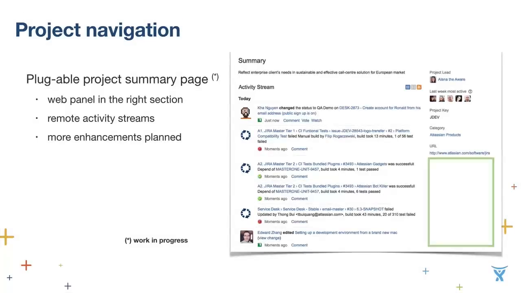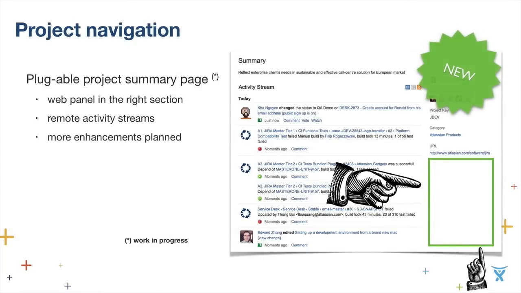As we are going through the redesign of the navigation within JIRA, we have also decided to fix and simplify some of the other elements. And one of such elements is the project summary page. We have performed several analytics exercises, and we have found that it is considered to be a little difficult to use.